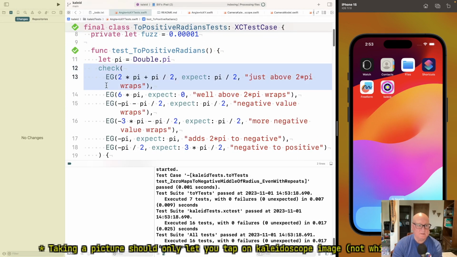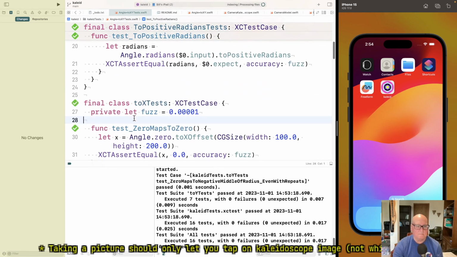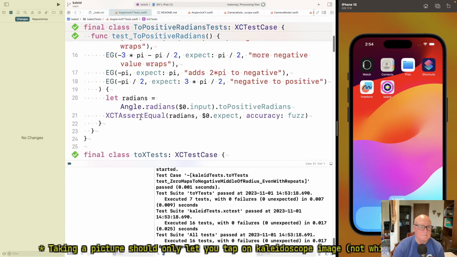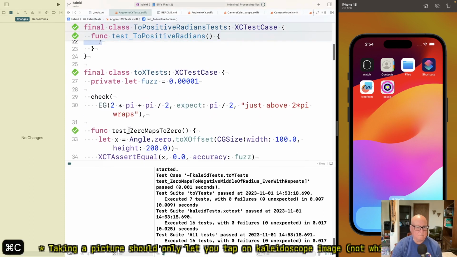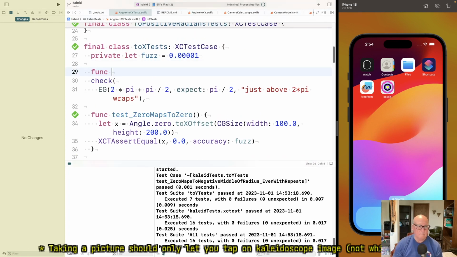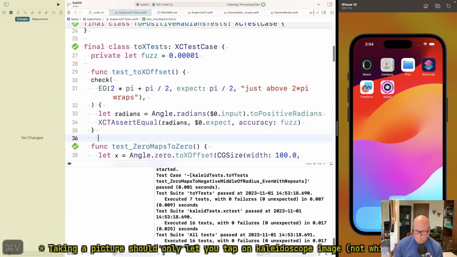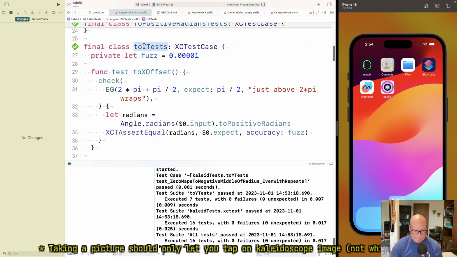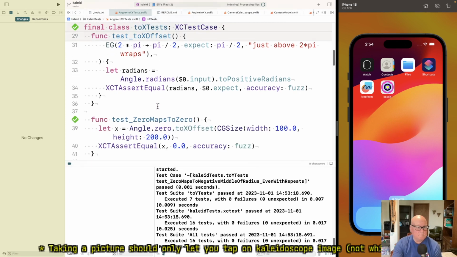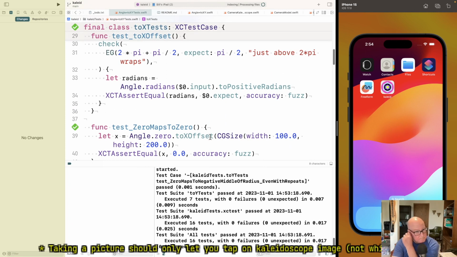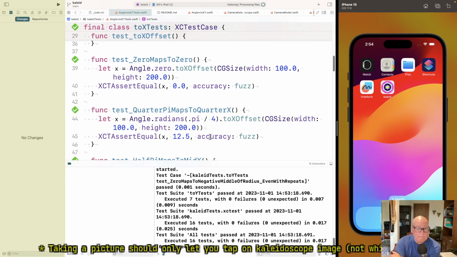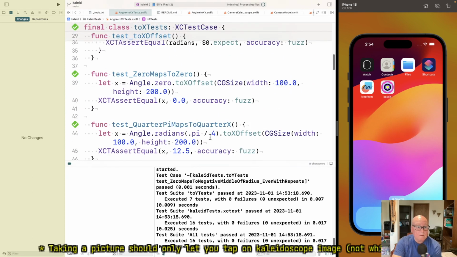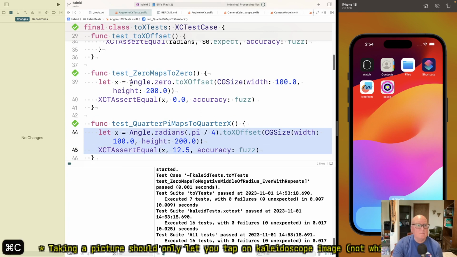Well, let's borrow some of this. Yeah, let's take this one as our model.